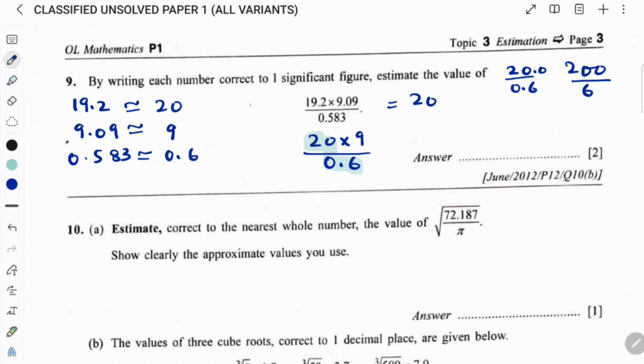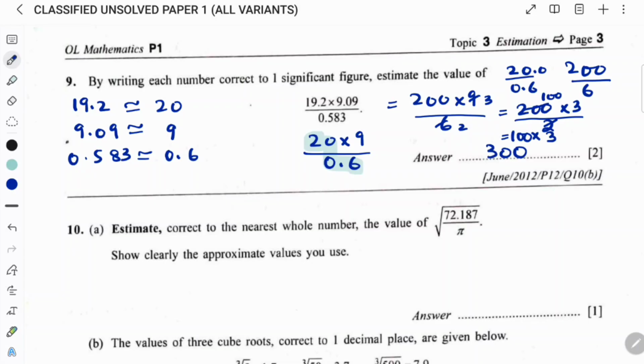So this is 200 times 9 and then divide by 6. Okay, now cancel the number. 3 times 2 is 6 and 3 3s are 9. Now you have 200 times 3 divided by 2. 200 and 2 you can write down as 100 times 3. So that is 100 times 3 equals 300, which is the answer for this question.